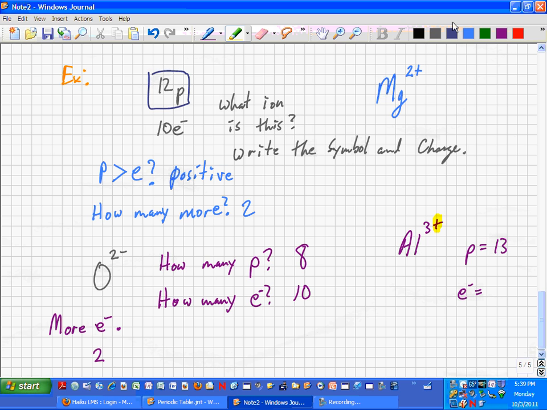So this positive charge tells me protons are greater than electrons. This tells me how much greater? 3 greater. So that means I would have 3 more protons than electrons, so I must have 10 electrons.